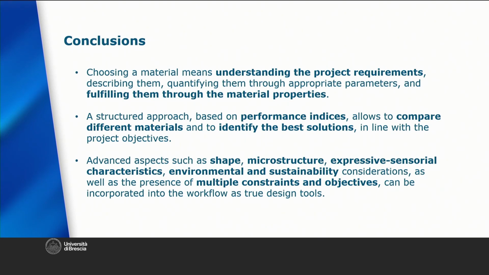We've seen how a structured approach, based on performance indexes, allows us to compare different materials and find the best solutions, the most effective and consistent one with the project's goals. This course has also shown to those who want to continue along the path of material selection how advanced aspects such as shape, microstructure, sensory or environmental factors, and the presence of multiple constraints and objectives can be incorporated into the workflow as true design tools.